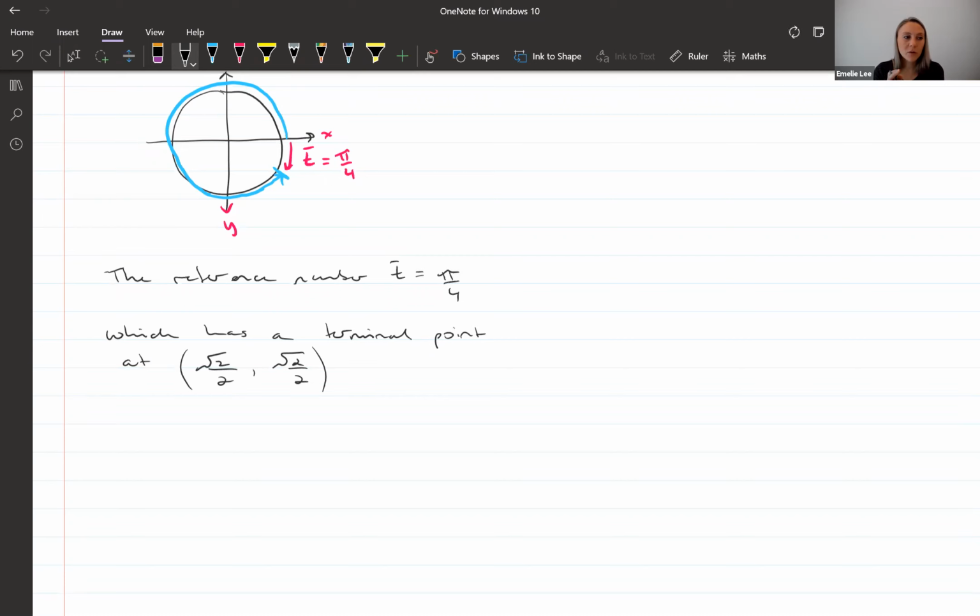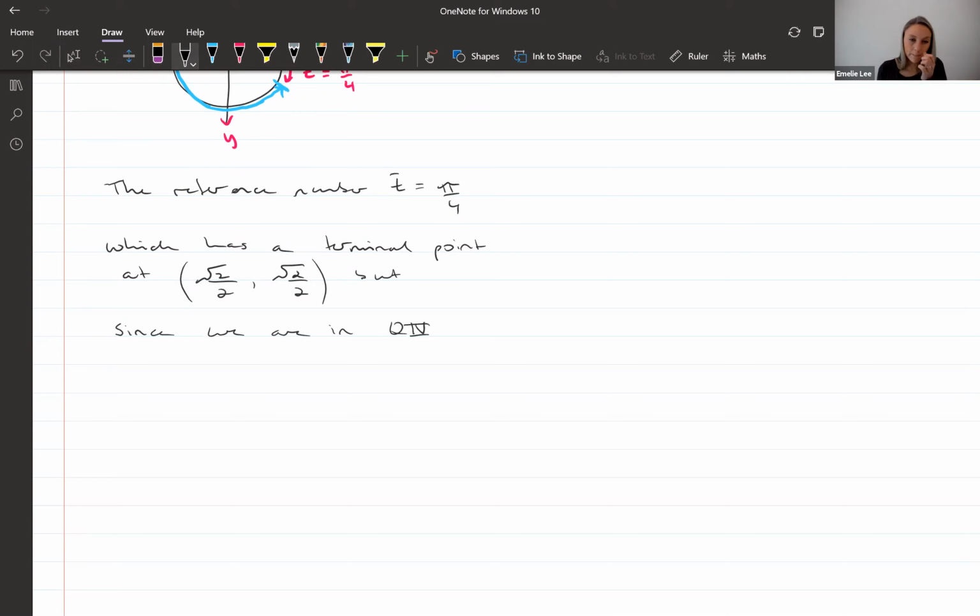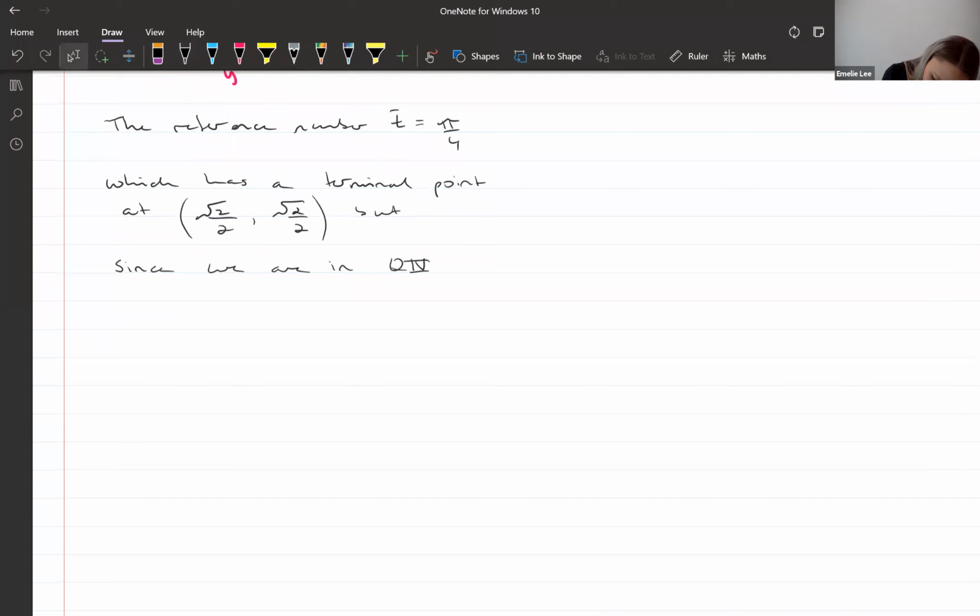But since we're in the fourth quadrant, our x must be positive and our y must be negative. But since we are in Q4, and if you prefer to just write 4, that's fine, Roman numerals, you don't have to, our x is positive and y is negative.